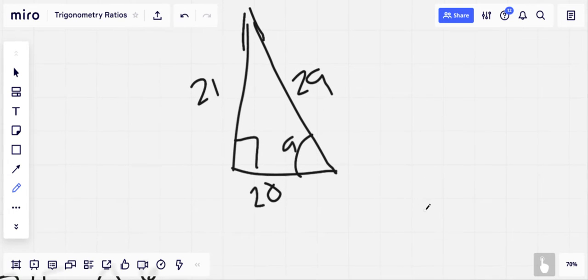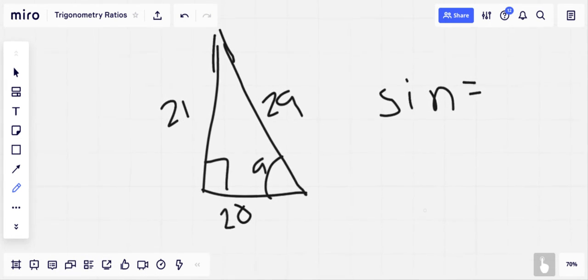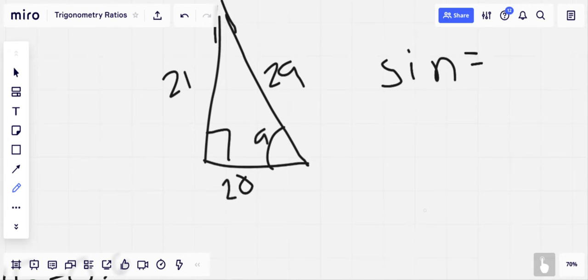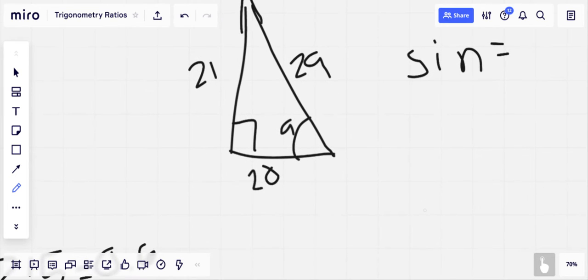So if someone asks you what the sine is, going back to SOH, sine is opposite over hypotenuse. In this case, let's identify the opposite, hypotenuse, and adjacent. The hypotenuse is always the biggest side, which is 29.